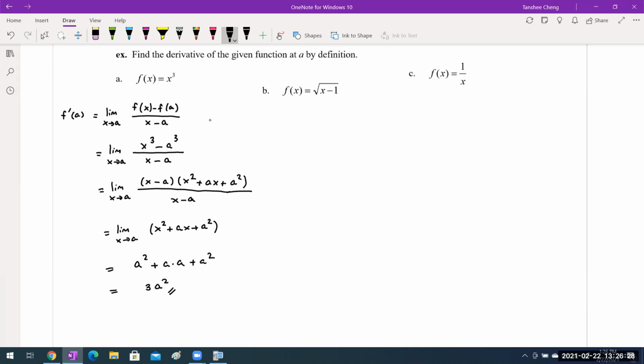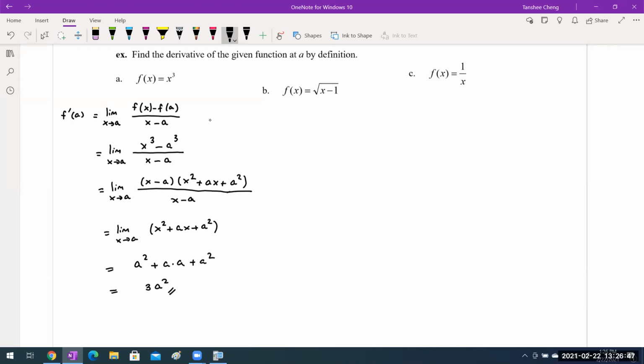Let's take a look at the next example. This time I'm going to use another formula so that you can see how I use different formulas on different problems. In general, the bottom line is it doesn't matter which formula you use, it will be the same answer.